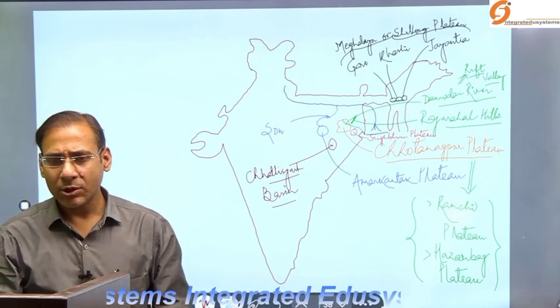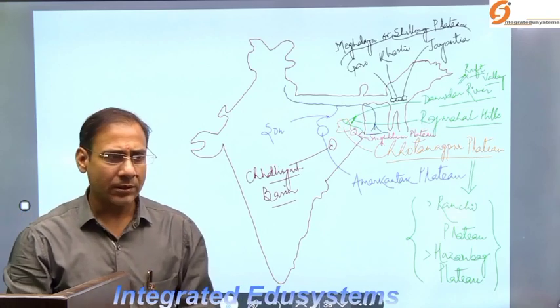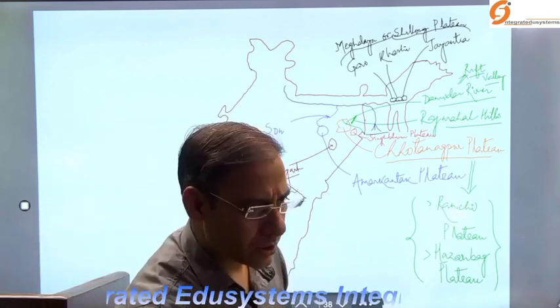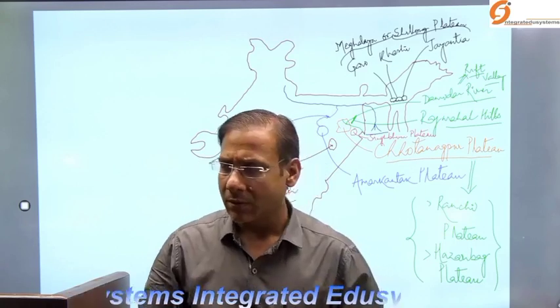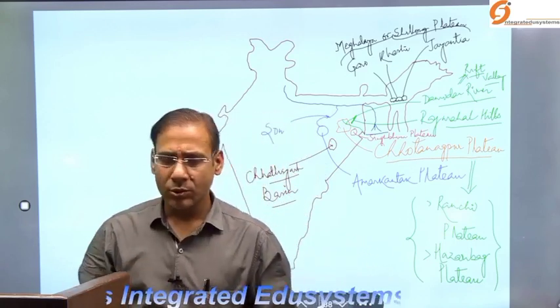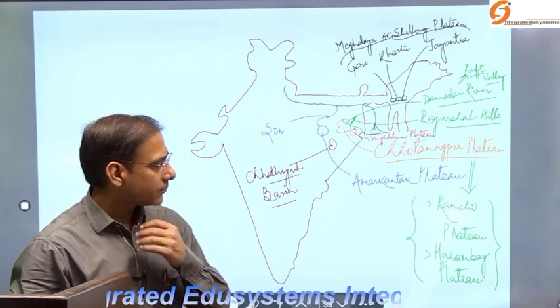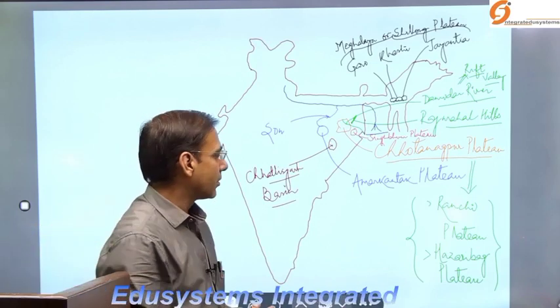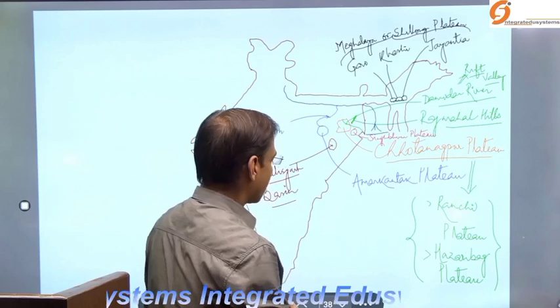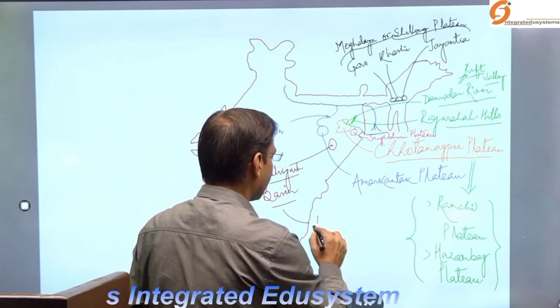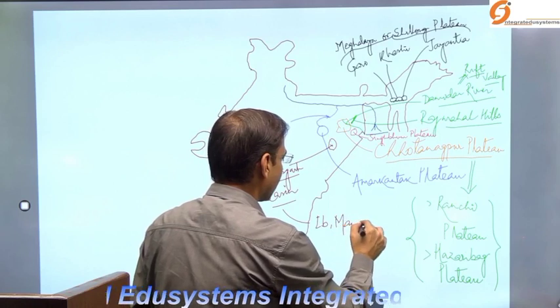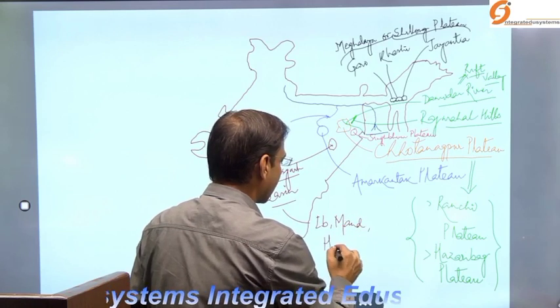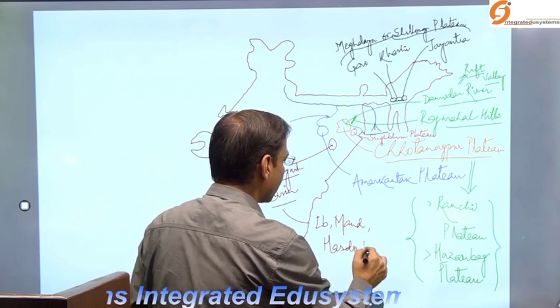All these rivers you can find in that region, the region of Chhattisgarh. So you can mark those rivers, which are tributaries of Mahanadi: Ib, Mand, Hasdo River.